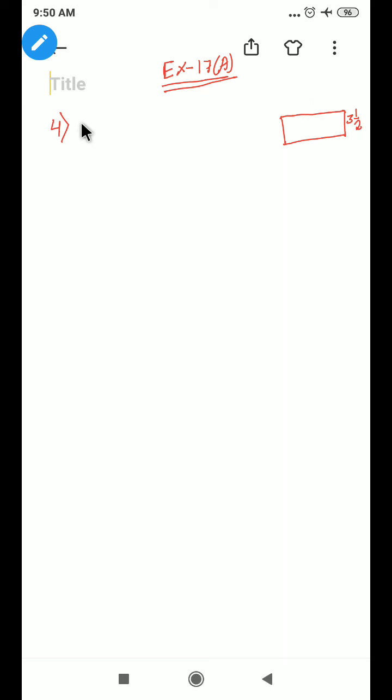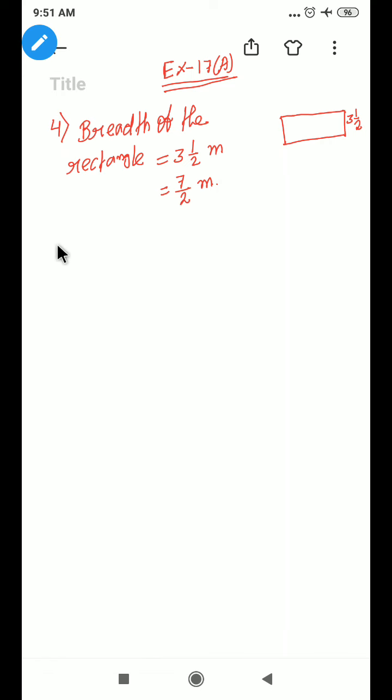So at first, write down: breadth of the rectangle is equal to 3 whole 1 by 2 meter. If you convert this to an improper fraction, that will be 7 by 2 meter. Now the length of the rectangle is 3 times its breadth.